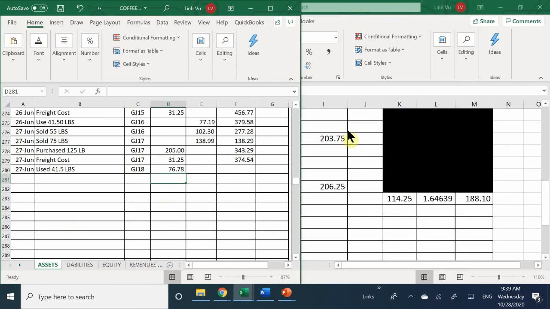Oh, I'm on the wrong side. Credit 76.78. Bring in my grand total to be 297.76. Good, and that's exactly what we calculated on the side on Supreme Coffee in our inventory worksheet. Okay. And that's it.